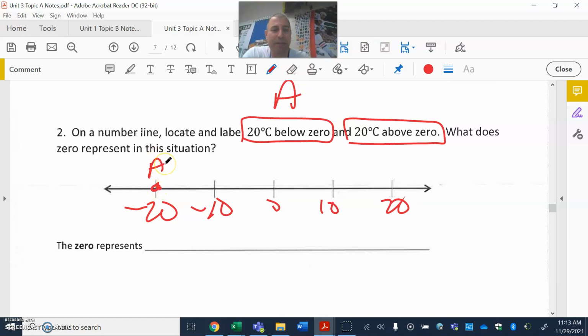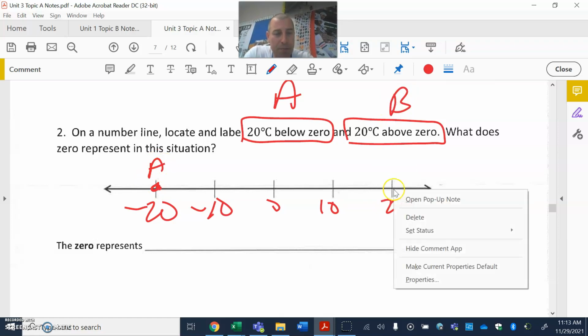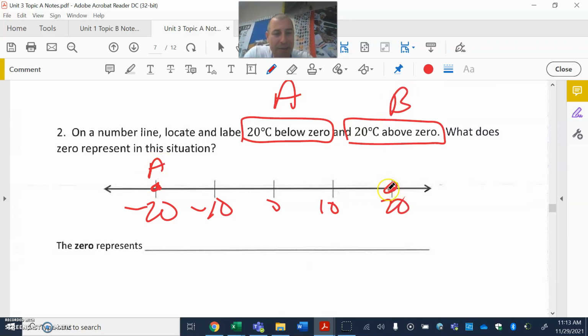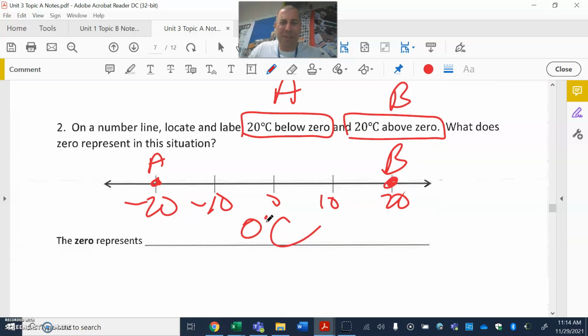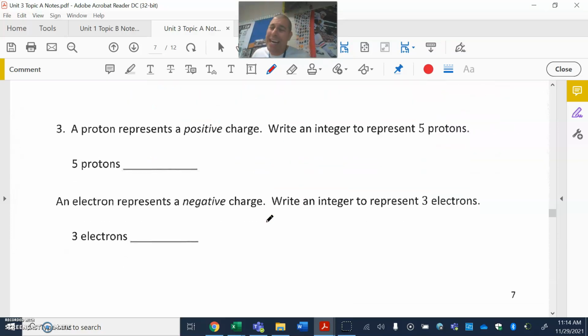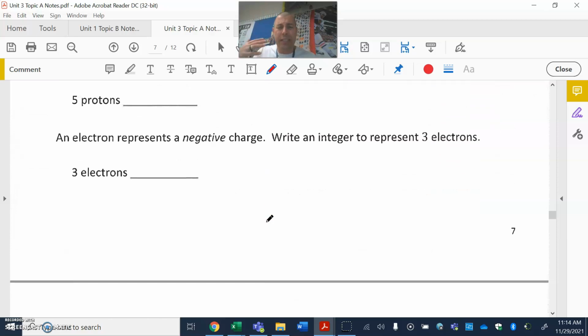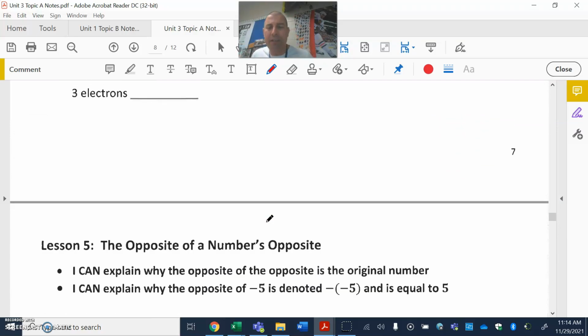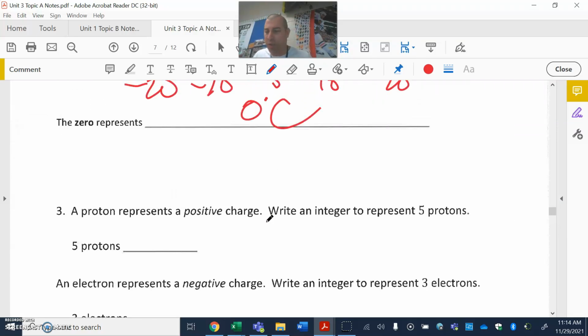Above 0, I'll call it B. In this case, 0 represents 0 degrees Celsius. It looks awkward with the degree symbol, but what they're asking here is using the idea of positives and negatives. That's all we got for you there.